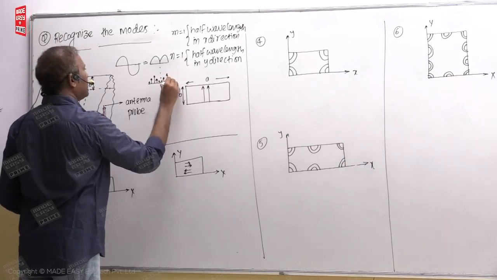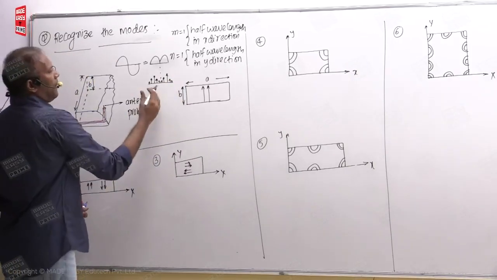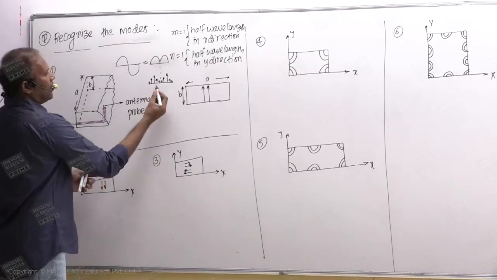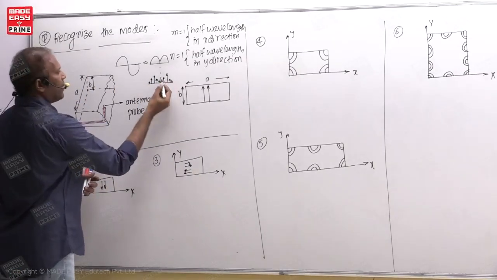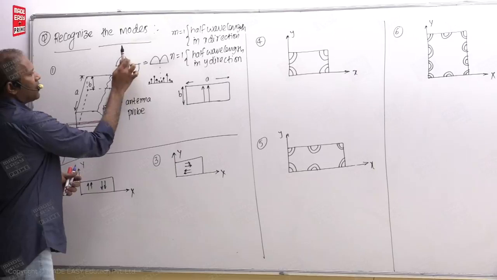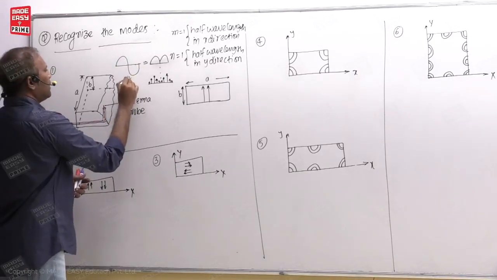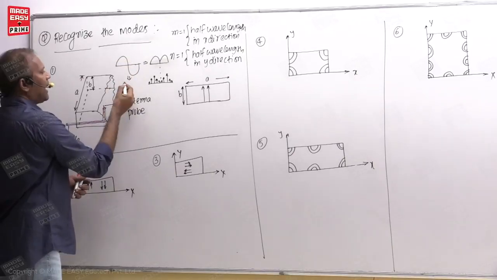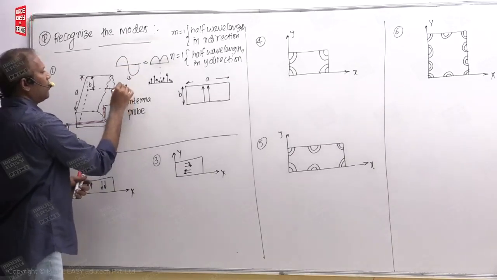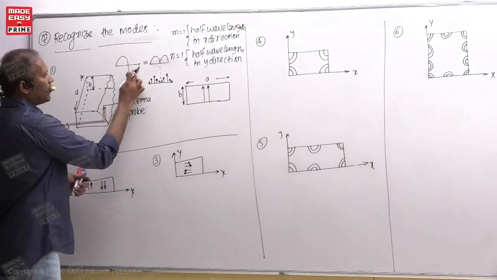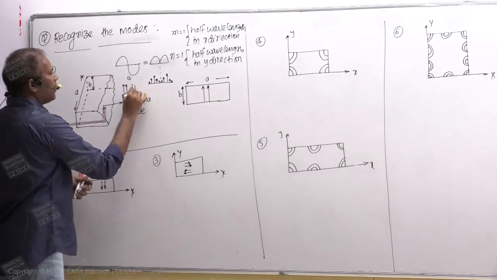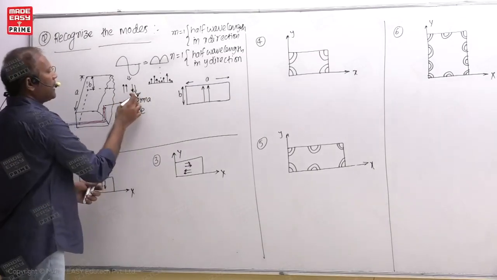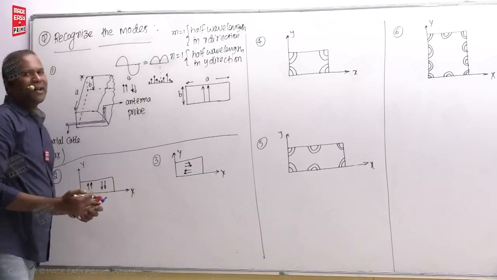Some books show it sinusoidal, in some books they show just one line for this half cycle, or some books put two lines. This is a half cycle. If the arrow mark changes direction, it means it is going to the next half cycle.